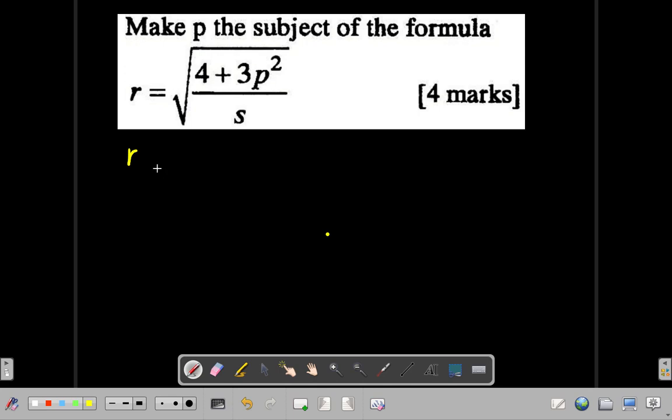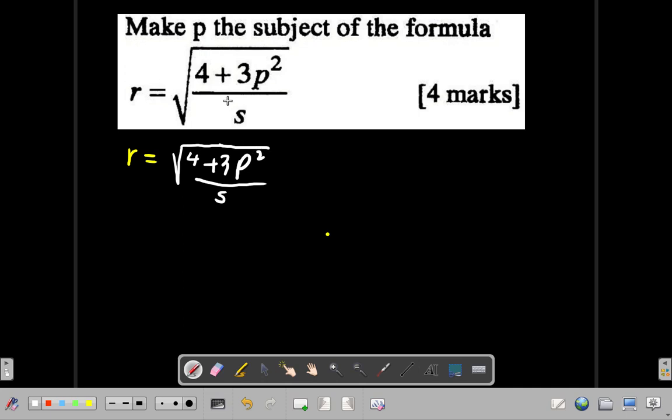Let me write it again. R equals the square root of 4 plus 3p squared divided by s. So what is it to do now?